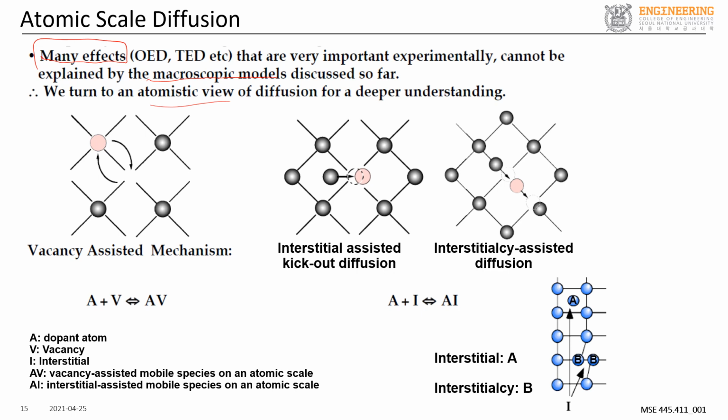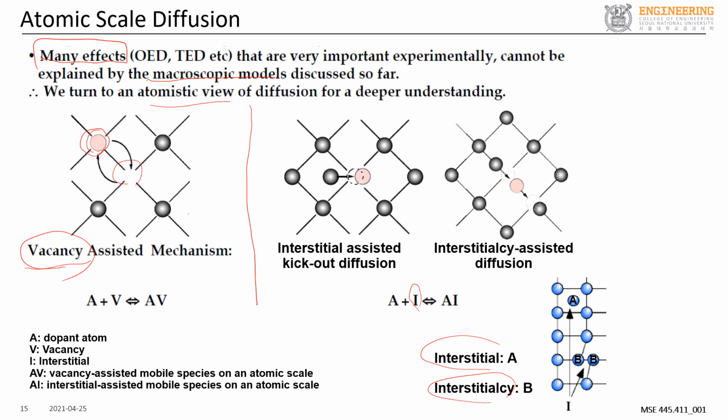And even for the diffusion, one thing we realize is that vacancies and interstitials or interstitial C can play an important role. Basically, the diffusion will be faster if you have vacancies and interstitials. For example, let's say this is the dopant. For this to move to another region, that's the diffusion. If there is a vacancy, it's much easier for this thing to move to another lattice site.